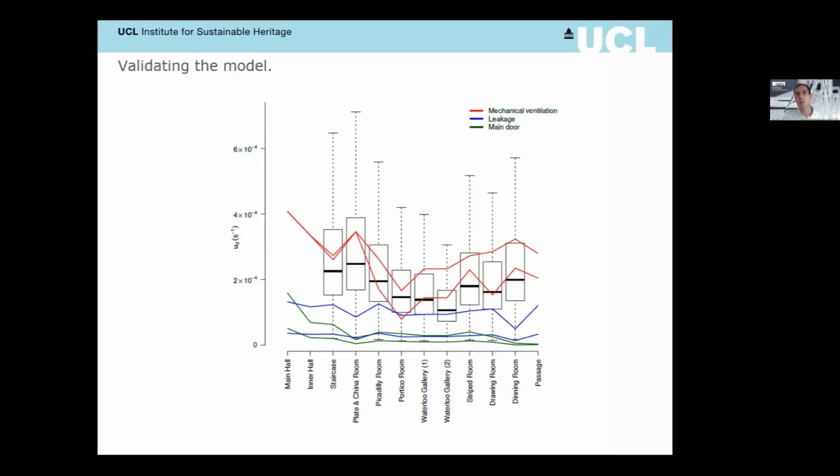If you look at the lines, the red lines, blue lines, and green lines, they indicate different runs of the model in different scenarios. In one scenario, the bottom one, we assume that the only entrance of particles is the main door of the building.